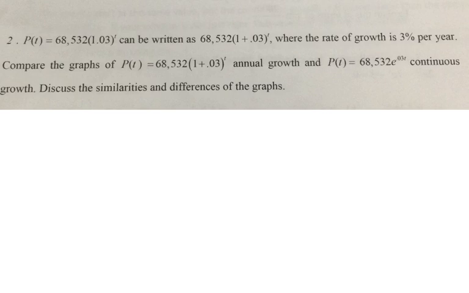It's a compound interest formula where A equals P times 1 plus R over N. So in this case, the N would be 1, raised to the N times T. So this means it's compounded once per year versus this. How did we get this formula with an E in there?